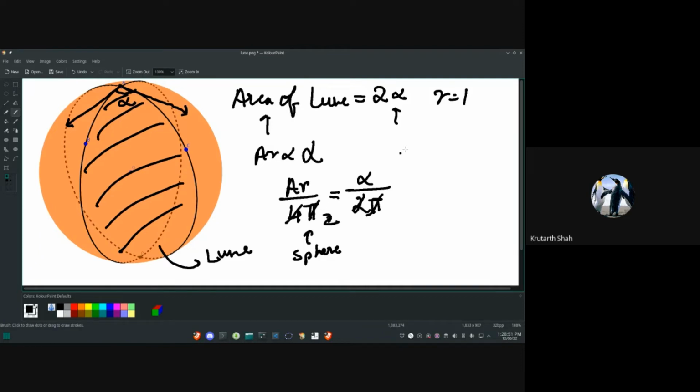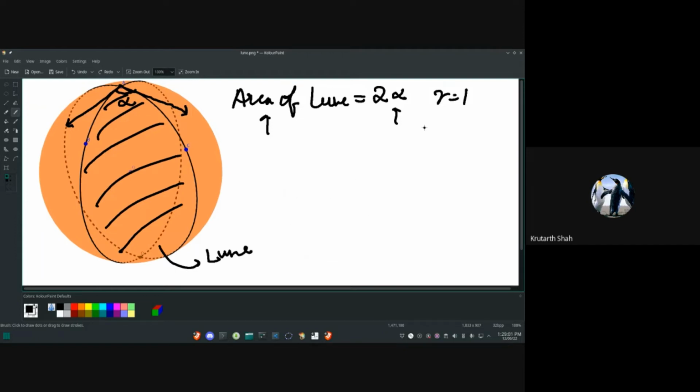But to rigorously prove it, what we can do is split. The idea of finding areas of these weird quantities is we split a known area into some quantities which are easy to compute, and then use limiting arguments to compute for everything else.